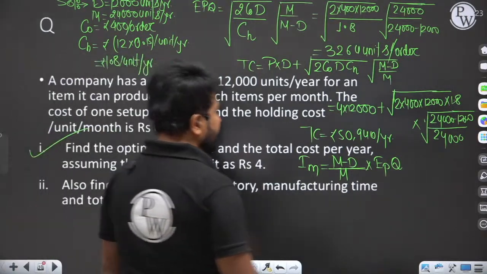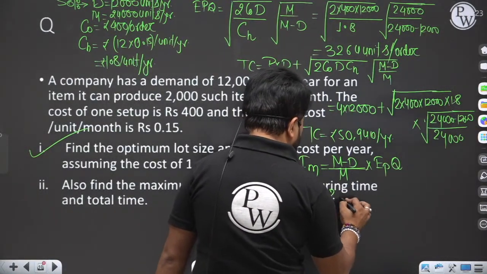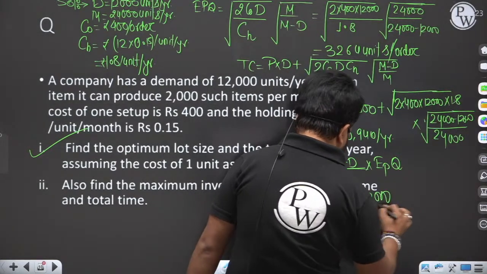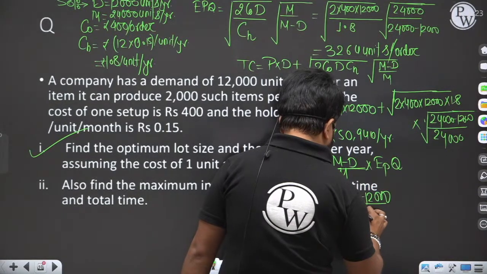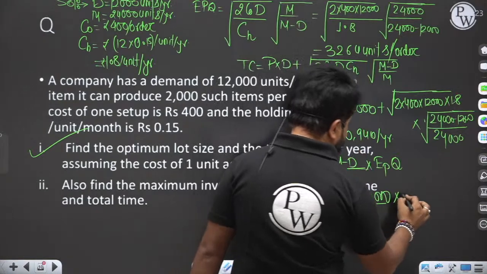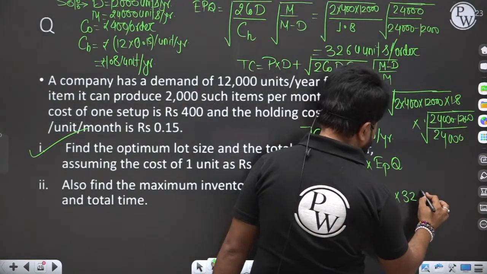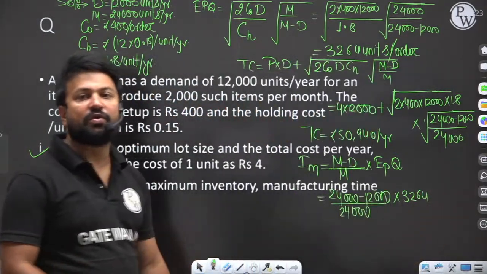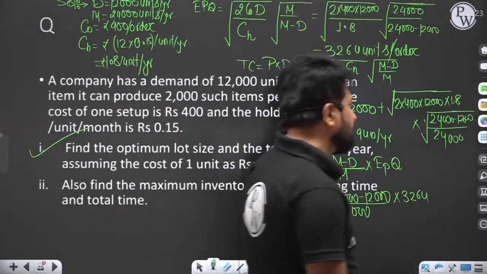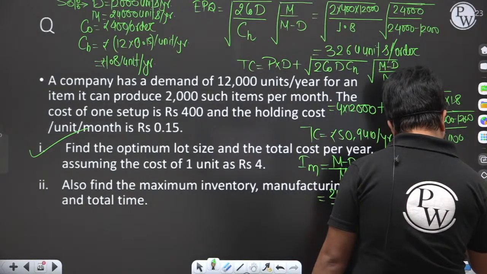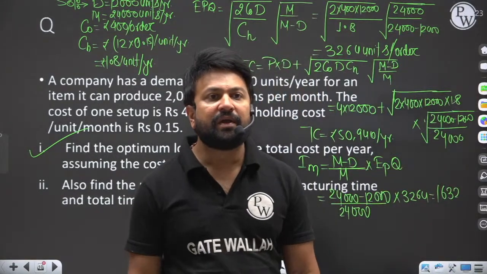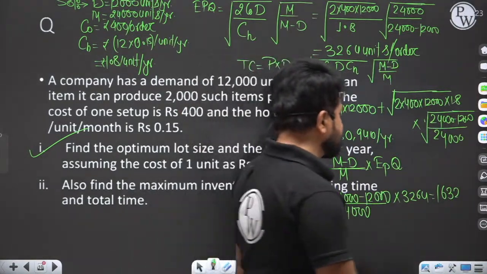So it comes out as (24,000 minus 12,000) divided by 24,000, into the economic production quantity, that is 3264. How much will it become? 1632. Maximum inventory will become 1632 units.